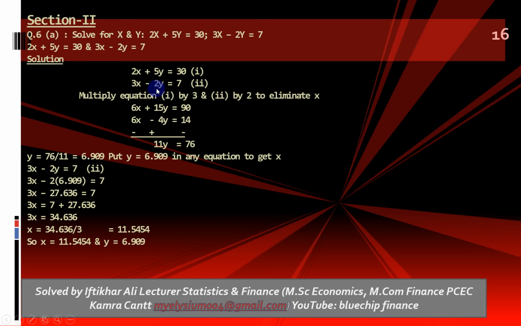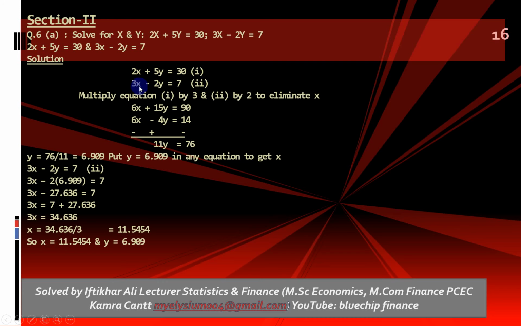So this will be equation number 1, this will be equation number 2, and we need to cancel one variable to calculate the other variable. So how can we do this? Simple, here we want to cancel this x.